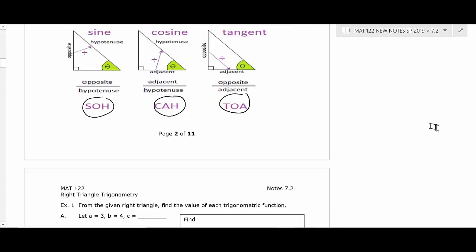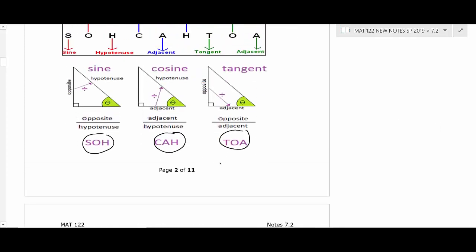One time years ago, back when I taught high school, I had a contest in my class. I said, I'll give you extra credit if you can come up with something that makes me laugh. So a student came up with this one time. They had sine opposite hypotenuse, cosine adjacent hypotenuse, and tangent opposite over adjacent.